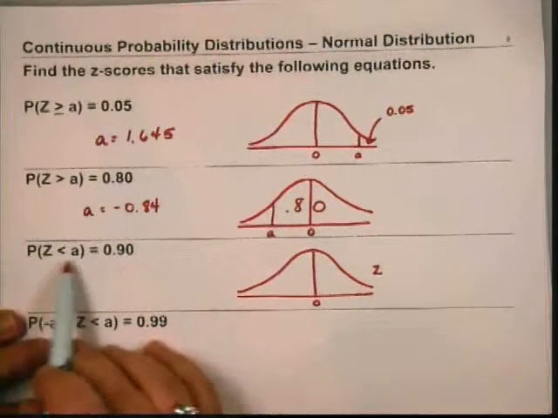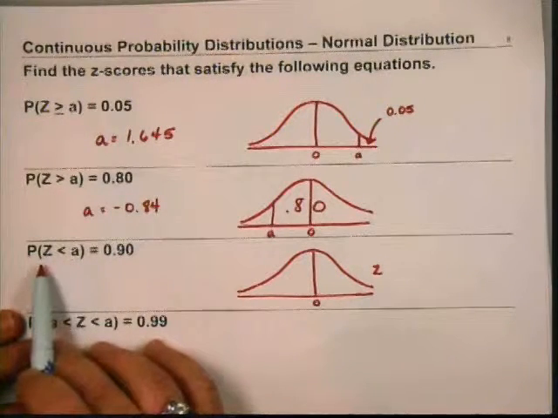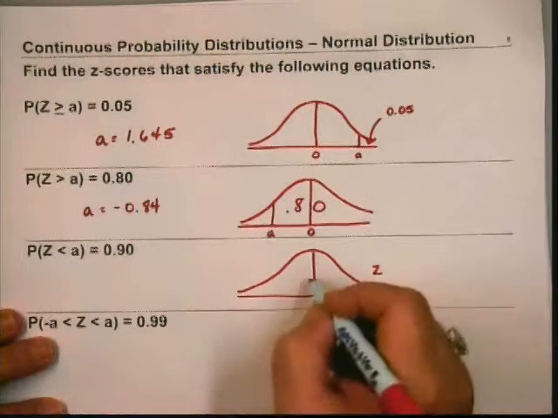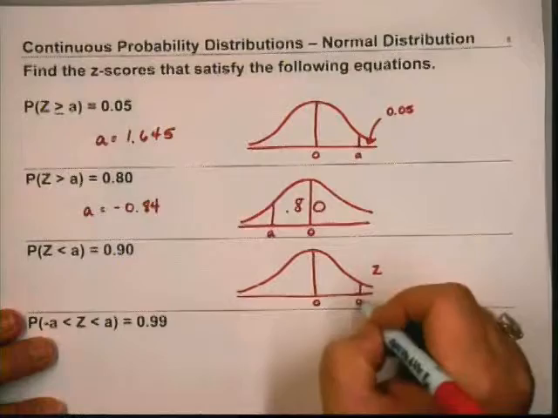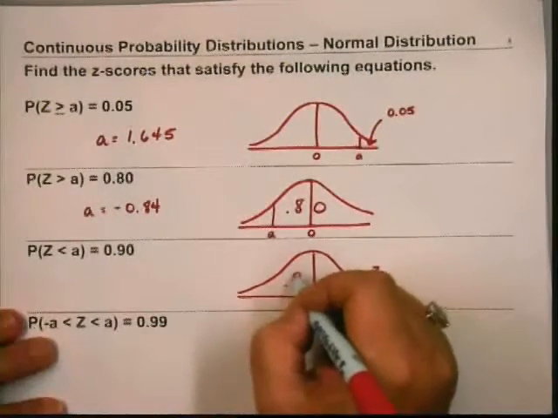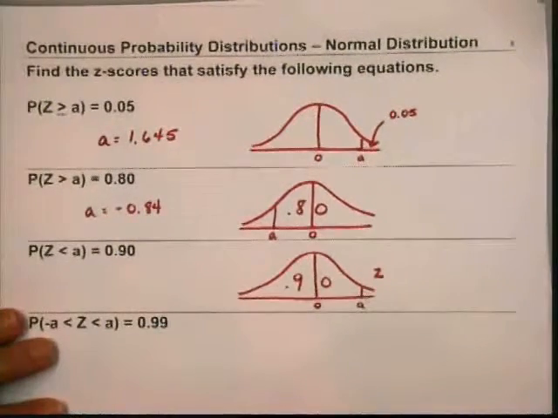Okay, it says Z less than A, so that means left side area is 0.9. So if we're going to the left, from here over is 0.5, so A has to be over here, and this area to the left is 0.90.